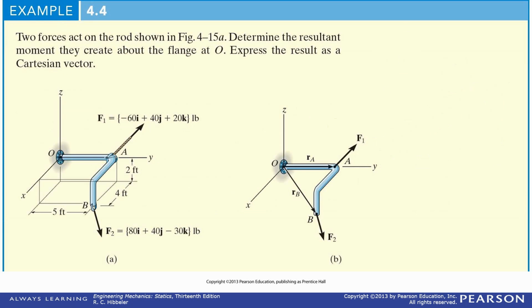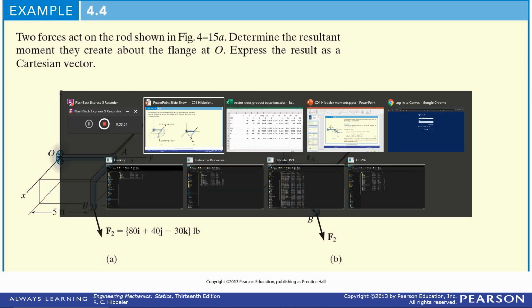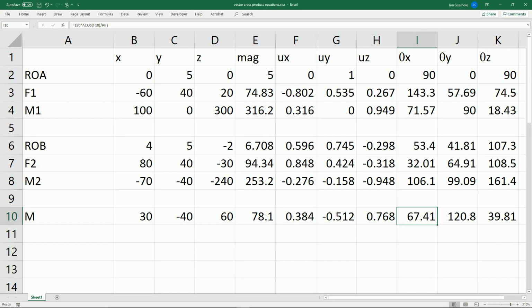And we'll go to our Excel spreadsheet. Okay, picking this up and taking a look at our Excel spreadsheet. There we go. ROA 0, 5, 0, F1 negative 60, 40, 20. This is the beauty of the Excel spreadsheet, is that you've got all the formulas set up so you can just look at a new problem and just rock and roll with it.